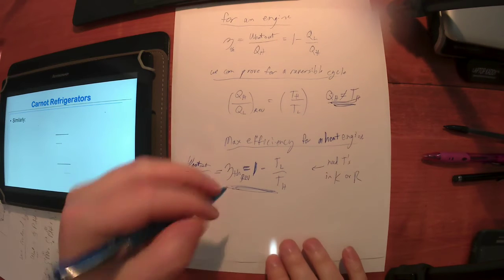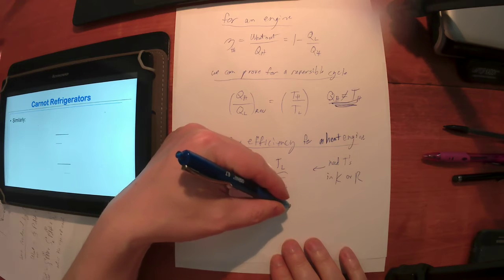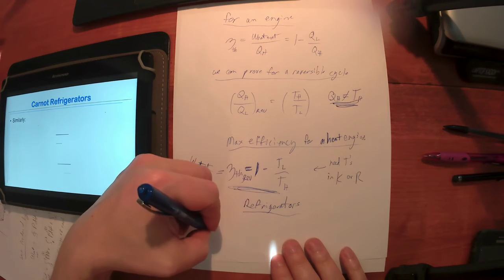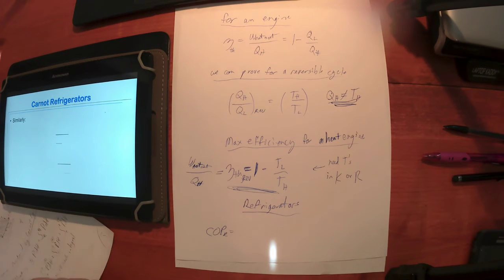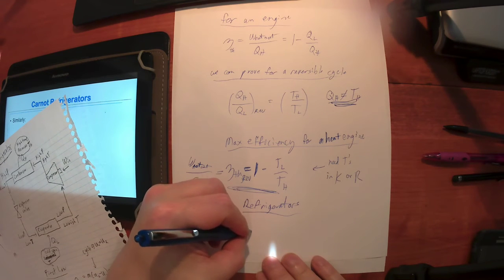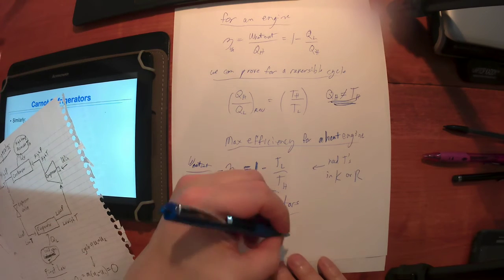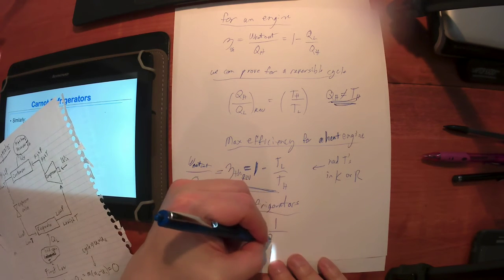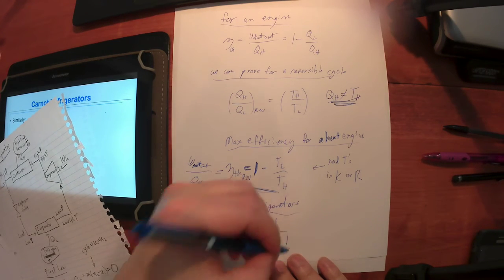All right, so for refrigerators, remember we talked about the coefficient of performance for a refrigerator. We'll pull those from our notes from last time. We said that of course is QL over work in, and we can massage that to 1 over QH over QL minus 1.